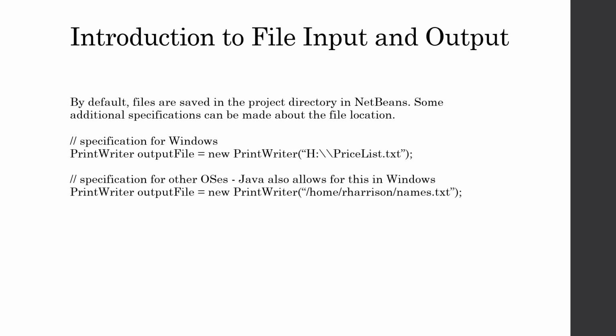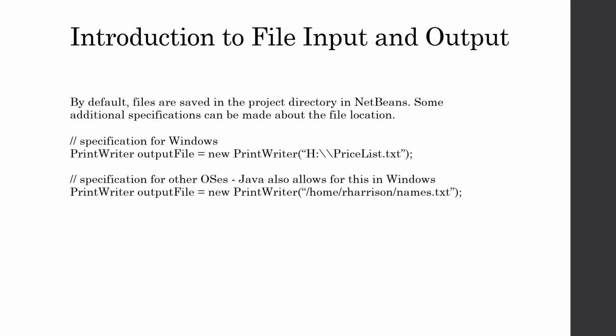So the second configuration that we have right here is actually acceptable in any operating system, where you can do something like maybe from a Mac, you start with your home. So you would have /home, another /, the username, and then another /, and then the name of the file.